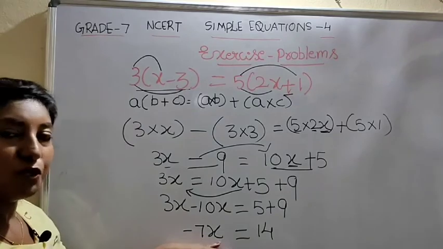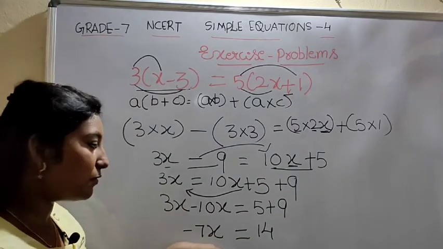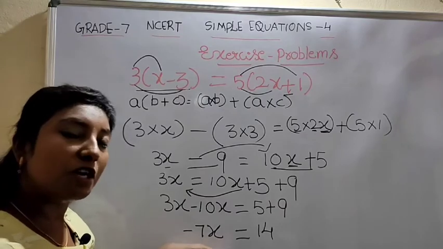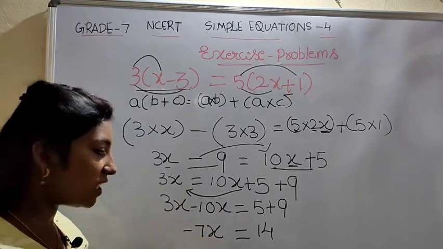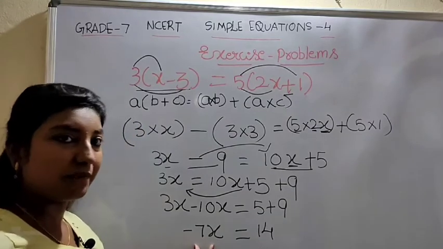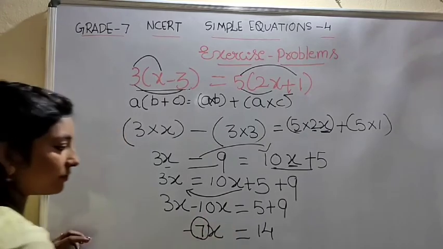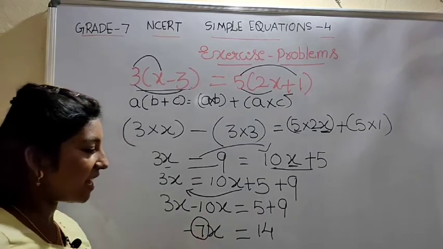So we don't want any number or any constant before a variable. What we have to do now? We have to change the side of the constant. So here we have this constant as 7. Now I am changing the side of this.